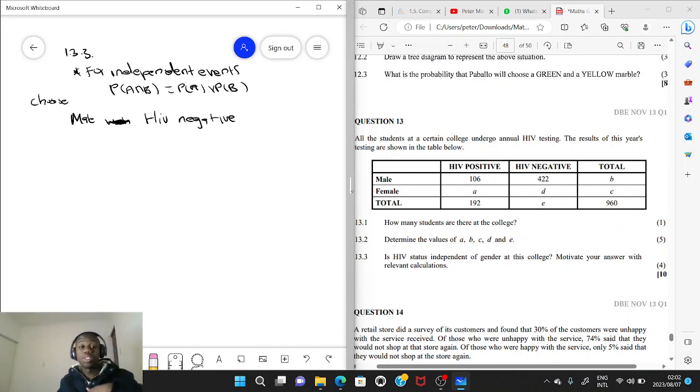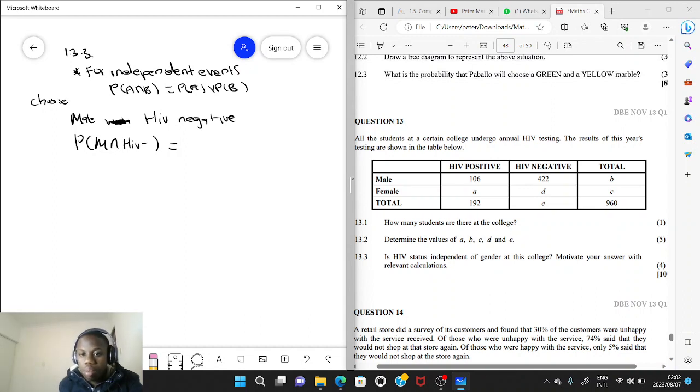The first thing that I'm going to determine is the probability of a male who's HIV negative. So what is the probability of a male who's HIV negative?